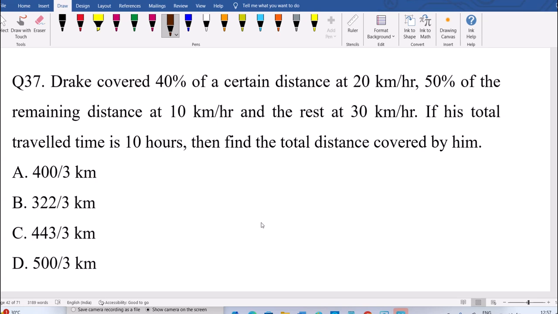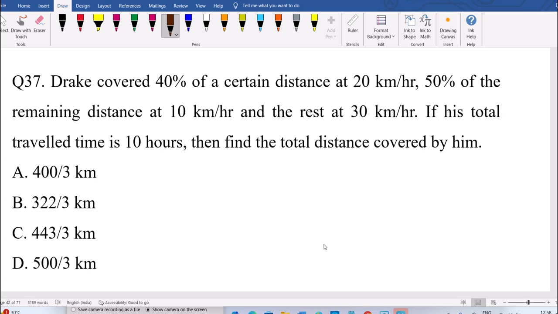So see this carefully. The clue I want to suggest is to go for average speed. What is average speed? Total distance divided by total time. First calculate average speed.